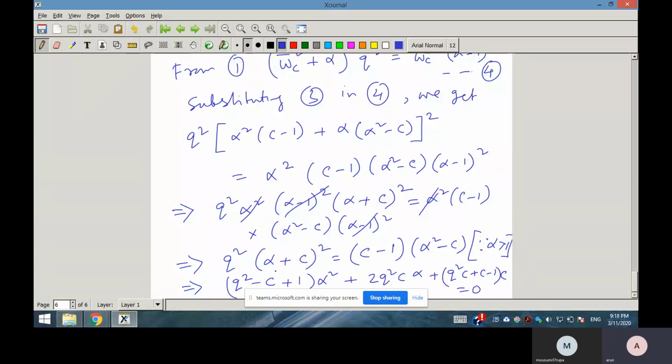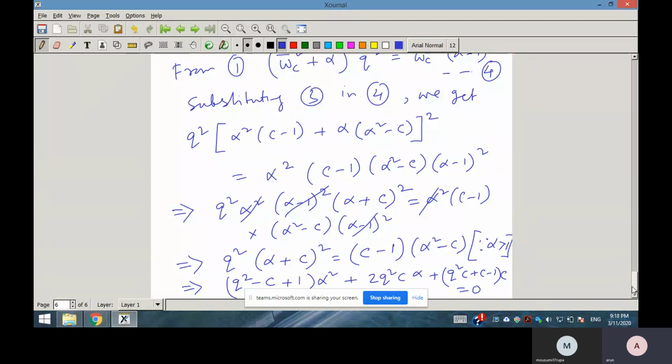Then 2q square alpha c will come from here, and q square c square will come from here, and then c minus 1 into c will come from this one. So okay, it's fine.